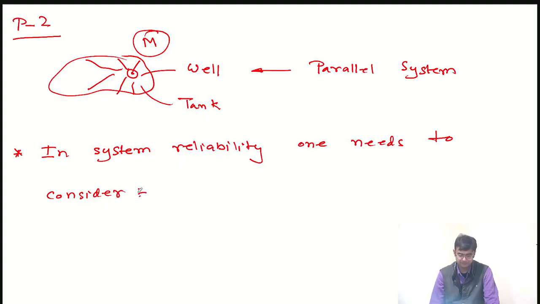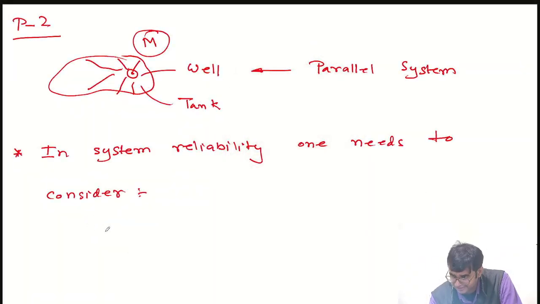One is you have to consider different failure modes. That should be clear by now. Everyone agrees that in system reliability we need to consider different failure modes. That is what we have already discussed, and we have seen how they can combine.